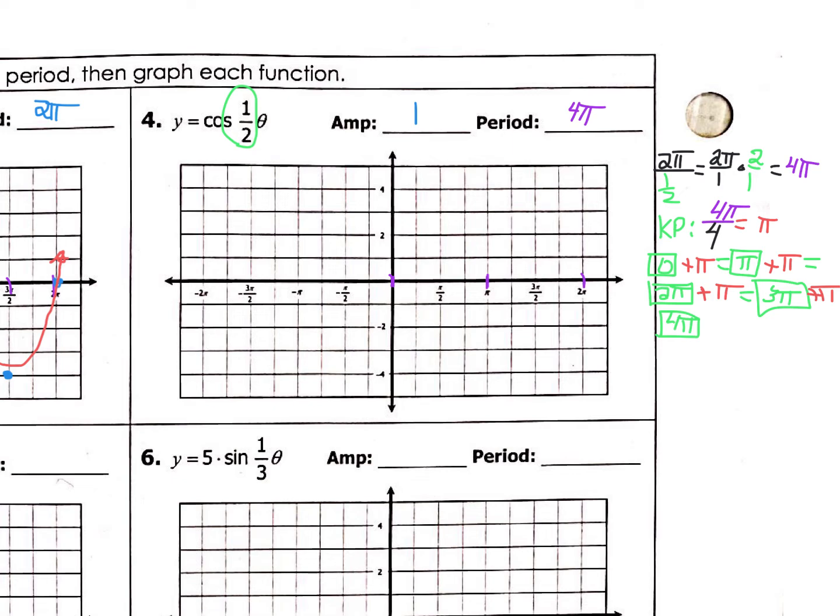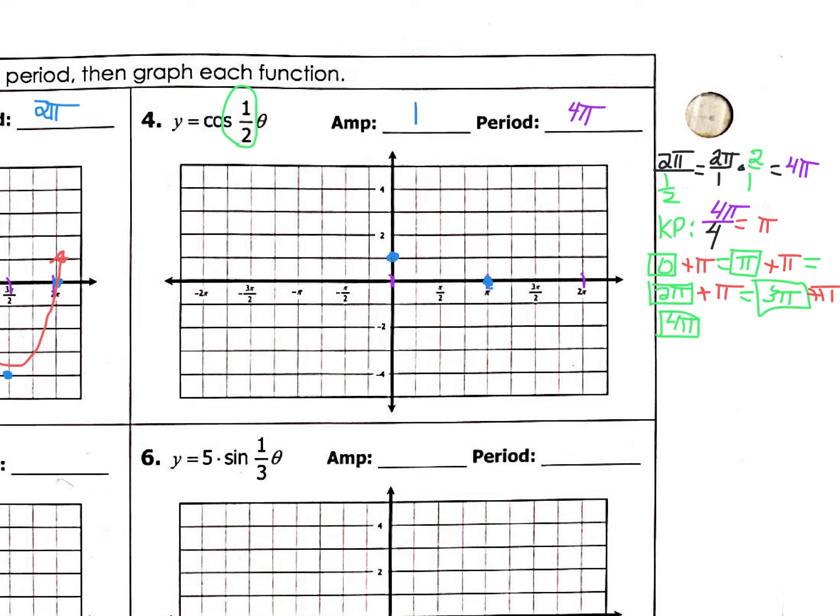So remember for cosine, cosine always goes up to 1 because at 0, the value of cosine at 0 is 1. That ordered pair is (0, 1), cosine being 1. And the amplitude here is 1, so we are going up to 1. So I'm going to plot that point here at 1. Then the next key point, if we were up at 1, next key point is at 0. So we're going to go to 0.